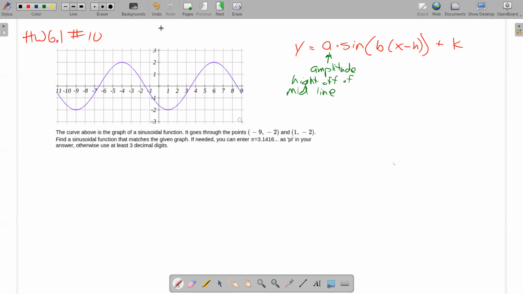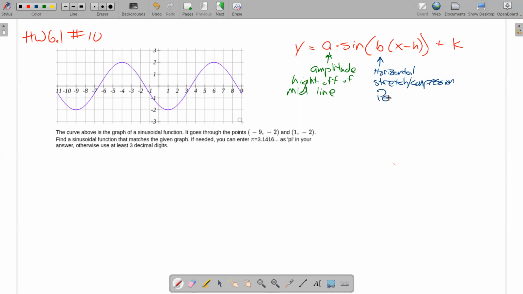And then B here, that is going to tell us if this thing is horizontally stretched or compressed. So horizontal is either a stretch or a compression. And because of that, we're changing the period, how long it takes to make one cycle.